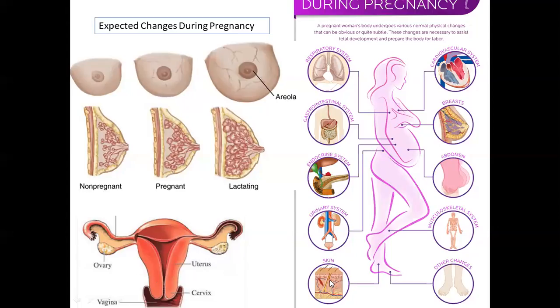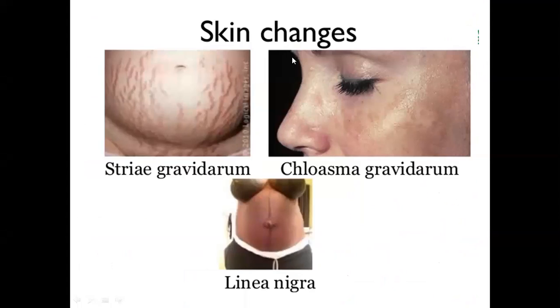So we have another picture. It is showing the skin changes during pregnancy. And this one is called chloasma. So you can see the brown discoloration or pigmentation on the face. And this one is called linea nigra.